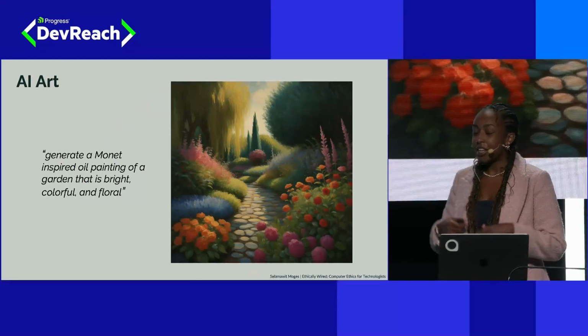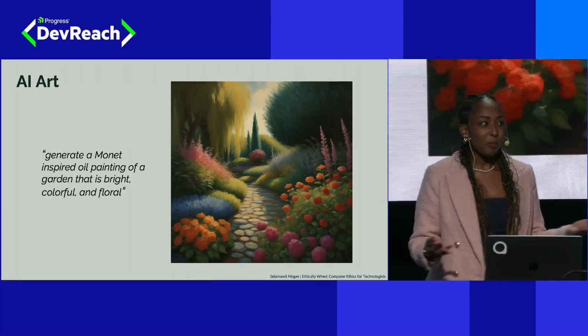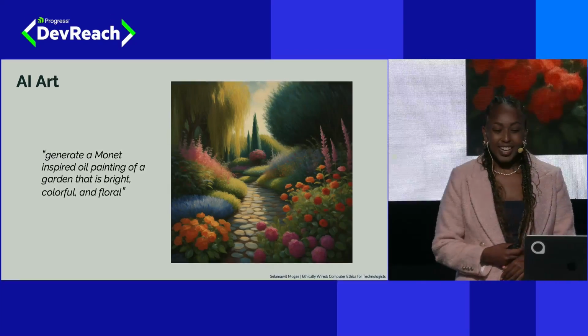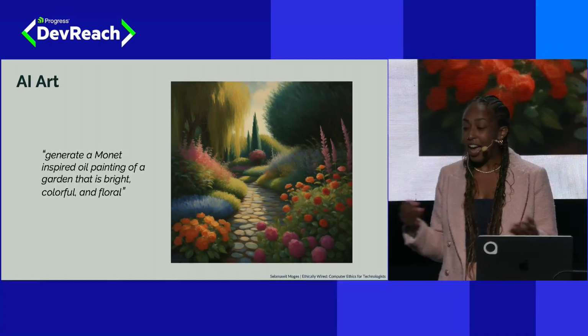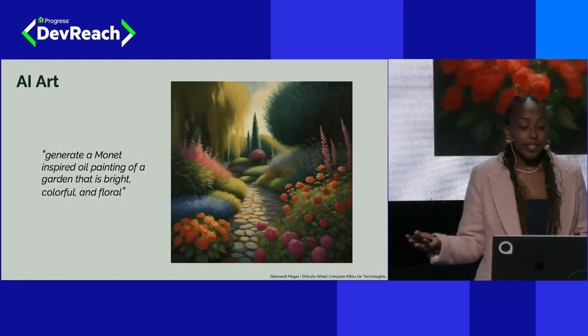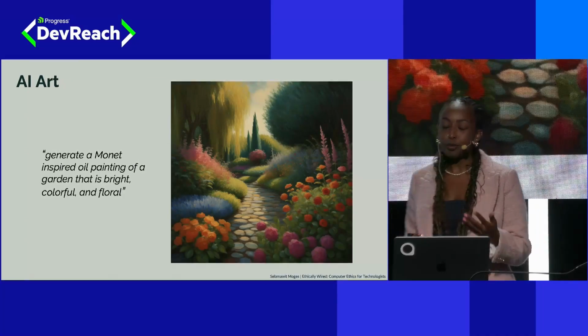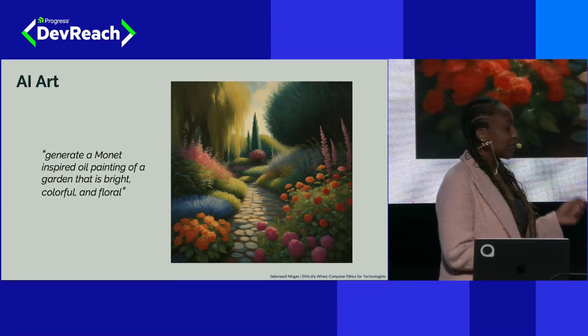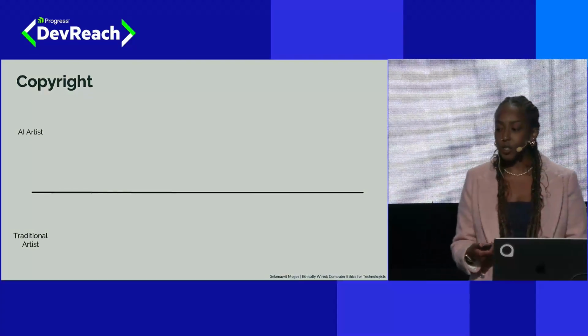Now, let's say, in addition to being a full-time engineer and part-time speaker on ethics, I also create AI art. Using GenCraft, I created this Monet-inspired oil painting that is bright and colorful and floral, and it created something like this. So let's say I want to release my art into the world.